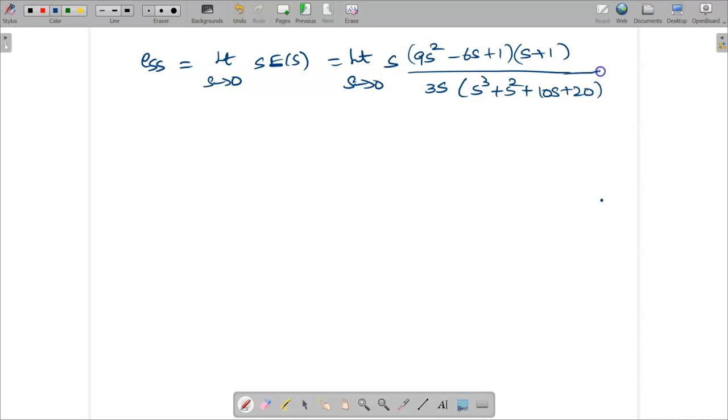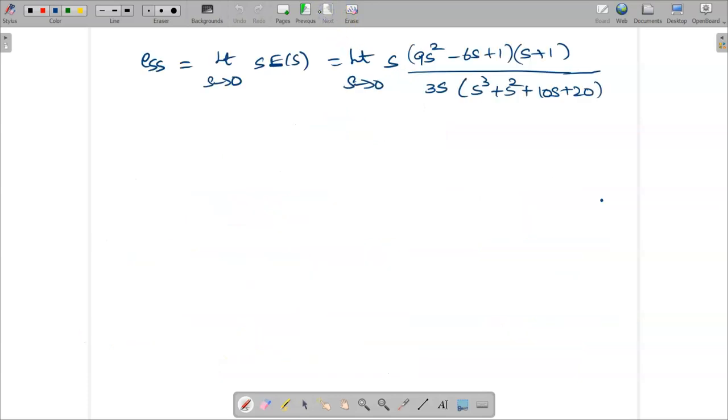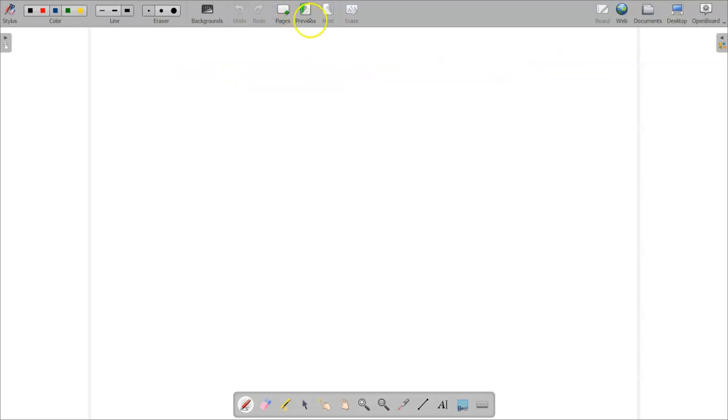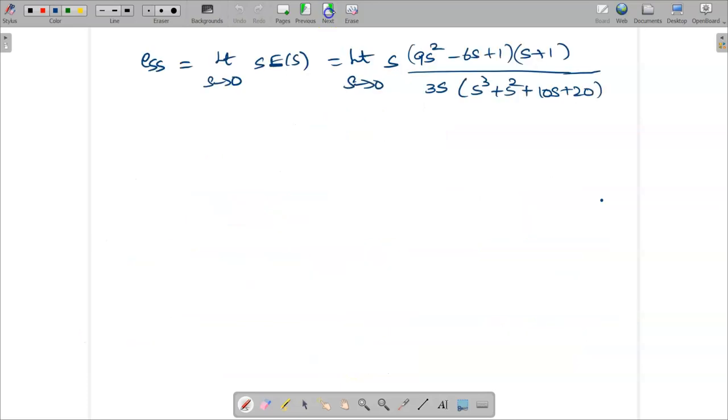Okay, this is the term what we have obtained previously. So 9s square minus 6s plus 1 into s plus 1. Okay, and then s cube plus s square plus 10s plus 20 into 3s. Okay, so everything I have given.